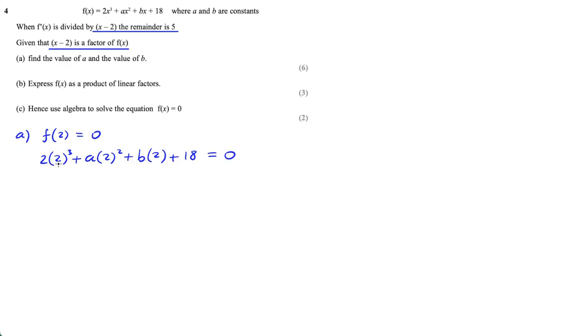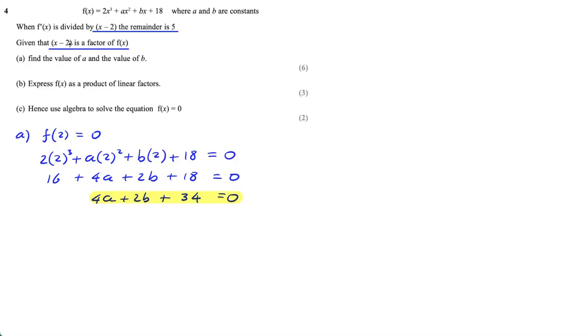Here we have 8 times 2 is 16 plus 4a plus 2b plus 18 equals 0. 4a plus 2b plus 34 equals 0. This is one equation.